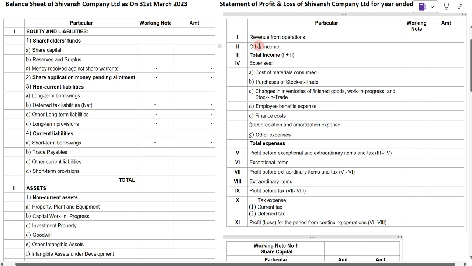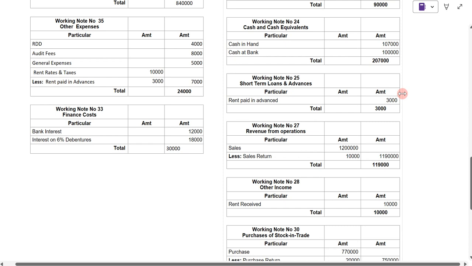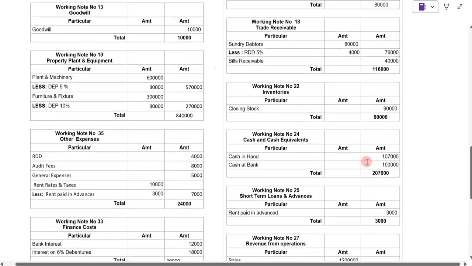First, revenue from operation. Revenue from operation, note number is what? Note number 27. The total of note number 27 is 1,19,000. And what is the heading of note number 27? Revenue from operation.